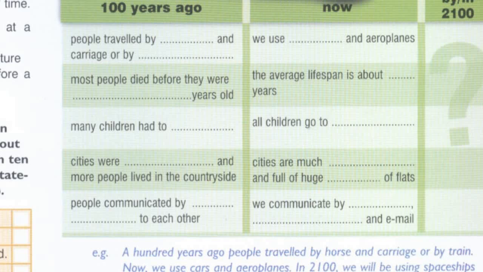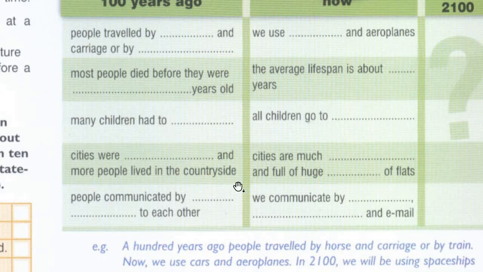Now, the last century has been one of many changes, and it's always interesting to see what some of those changes have been. Can anyone tell the class about some of the changes that have taken place over the last 100 years? Yes, Lucy? Transportation has changed a lot. In those days, people travelled by horse and carriage or by train, but now we use cars and aeroplanes. That's right, Lucy. Anyone else? Yes, David. Well, I know that 100 years ago, most people died before they were 50 years old. Nowadays, however, the average lifespan is about 75 years. Yes, medical science has done a lot to help people live longer.